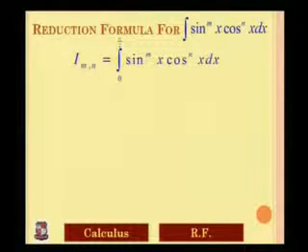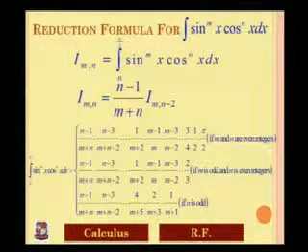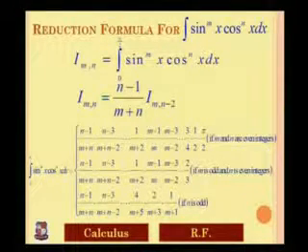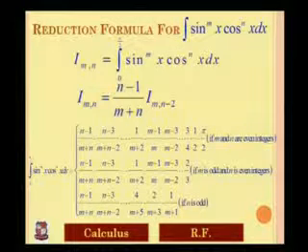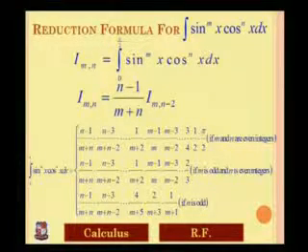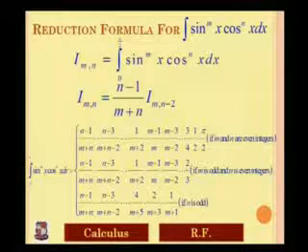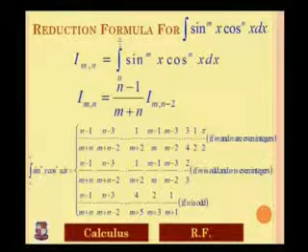Evaluate this integration under the limit 0 to pi by 2. As we did in the sin raised to n x dx formula, we get this result: the integral from 0 to pi by 2 of sin raised to m x into cos raised to n x dx equals n minus 1 upon m plus n, n minus 3 divided by m plus n minus 2.